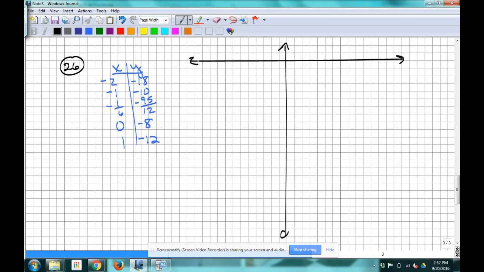Make sure I've got a lot of negative y value space there. 0, negative 8. And 1, negative 12. And then negative 1/6 and negative 95 over 12.